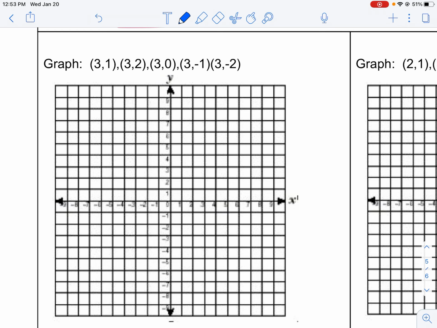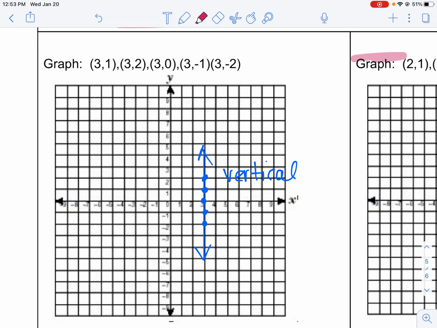Okay. And then 3 up 2. And 3 up nothing. 3 down 1 and 3 down 2. And if you connect those, you have a vertical line. So this is vertical. Although it looks linear, we're going to talk about these special scenarios in this chapter.